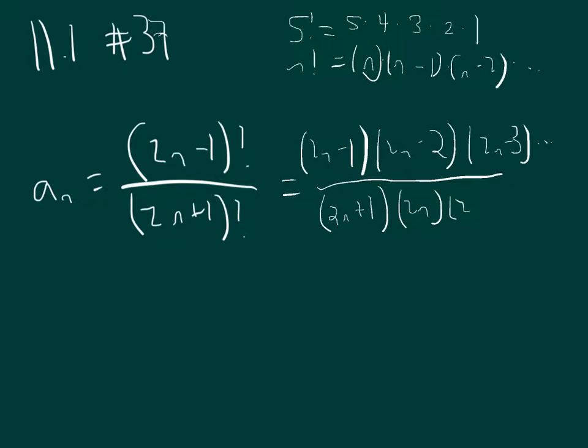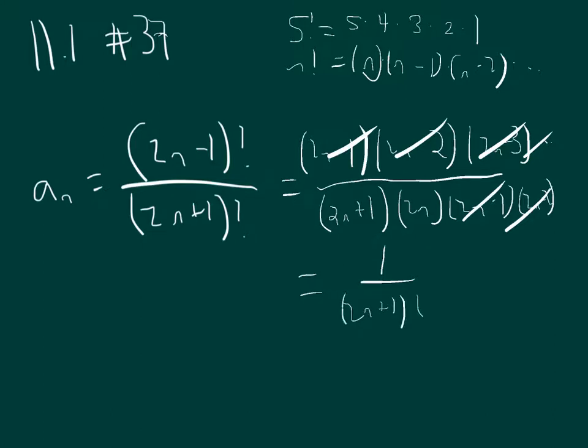And then 2n minus 1, and then 2n minus 2, and you can see where this is going. A lot of these terms are going to be the same, so you're going to get canceling. Everything from then on is going to cancel. So this is going to simplify to 1 over 2n plus 1 times 2n.